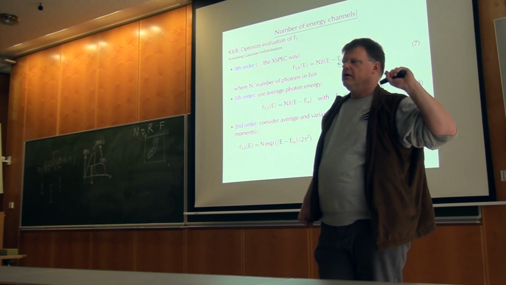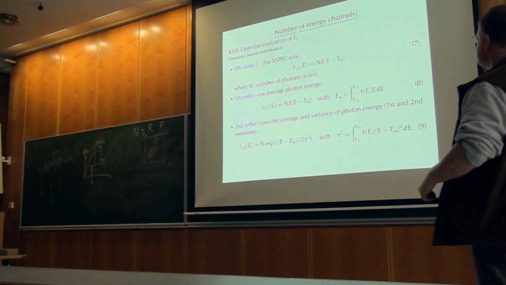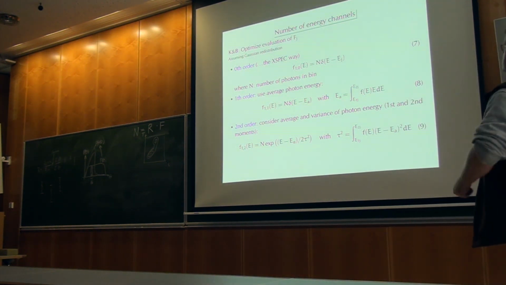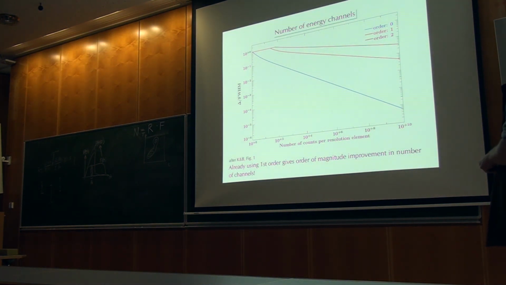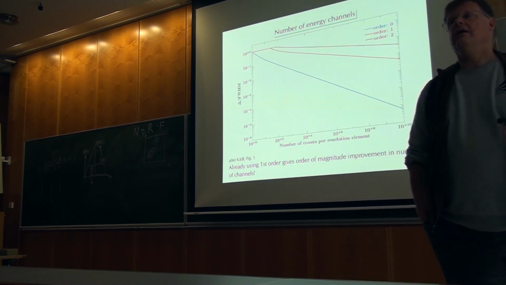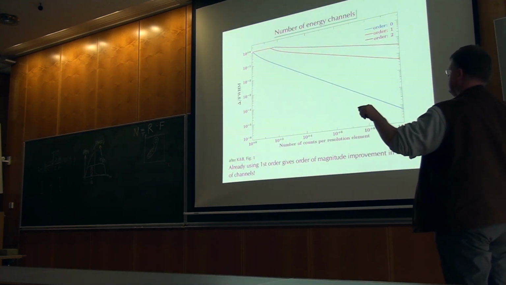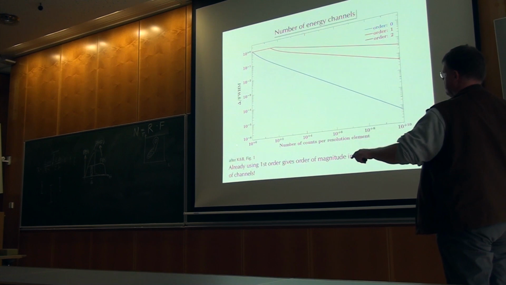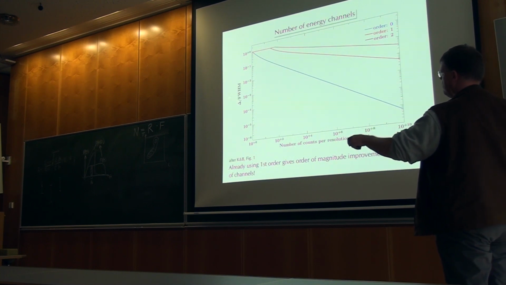And now the question is, how do I distribute these points around such that I get a specific number of counts per resolution element? And choosing the middle way, which is what we are using nowadays in our data analysis, what I'm plotting here now is the number of counts per resolution element as a function of the bin width per resolution that you want.